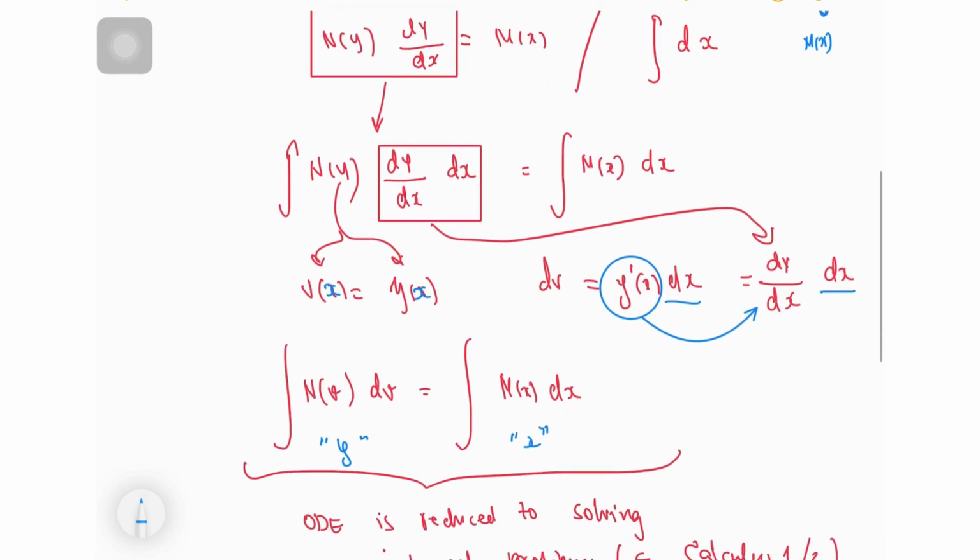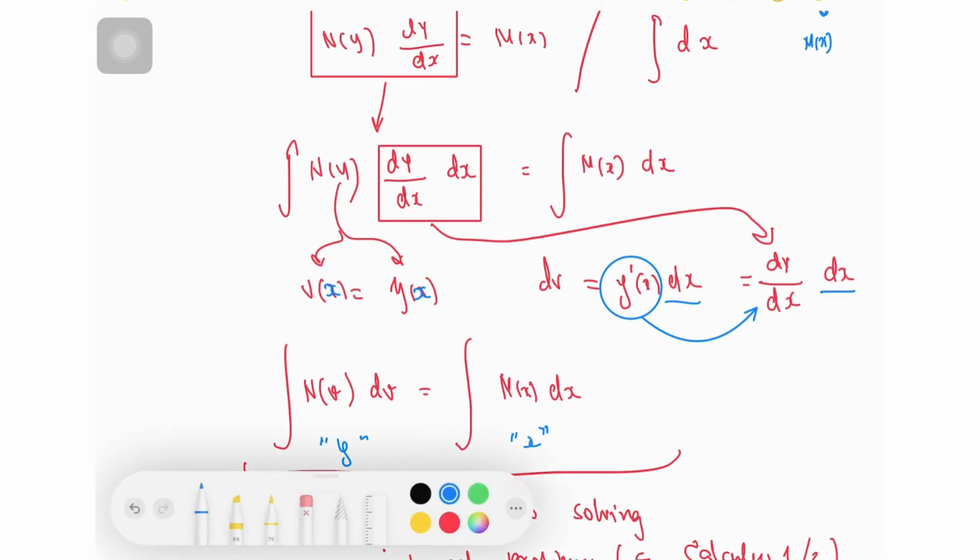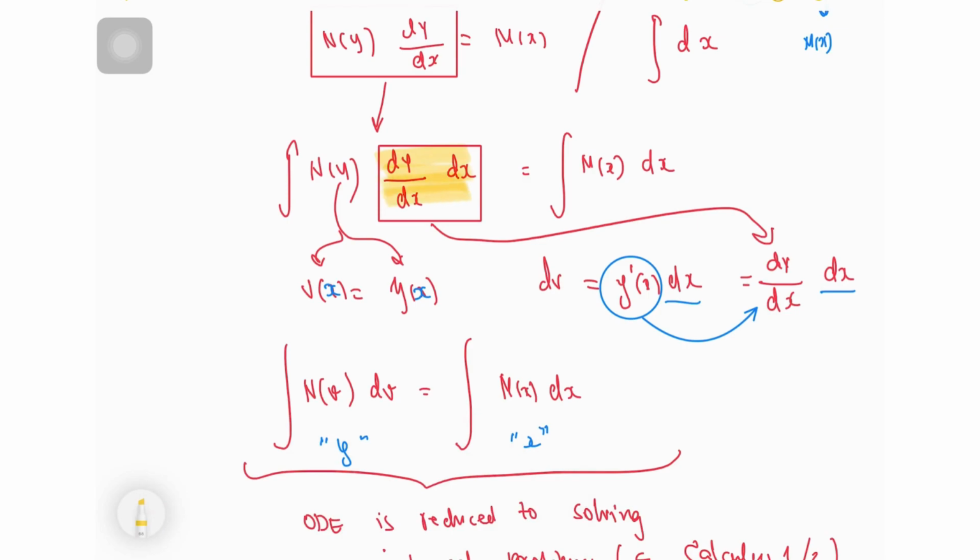And this fits very well because, as you can see in this box, we actually have already the expression here, so that will be dv, and n of y will just be n of v.